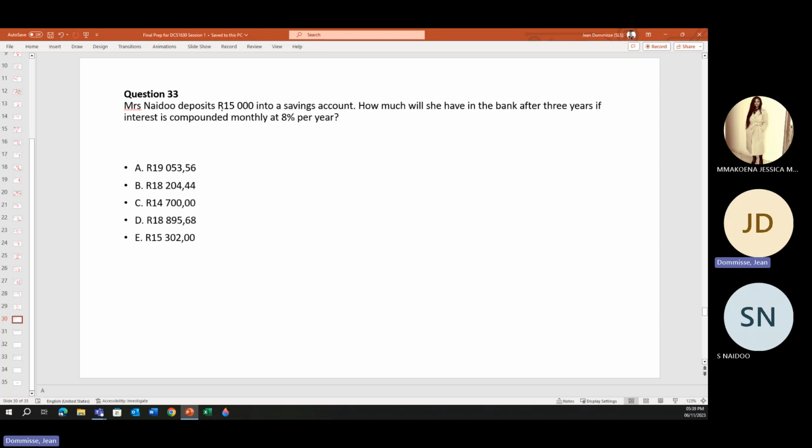Okay, so the next question is: Mrs. Naidu deposits 15,000 into a savings account. How much will she have in the bank after 3 years if interest is compounded monthly at 8% per year? Okay, so this is not a difficult question. I will use the calculator again.